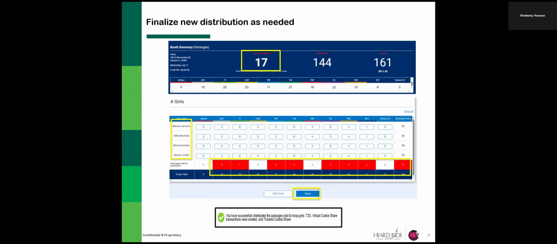The transaction will have just been deleted. It won't exist anymore. And then these girls who we've edited and given them different numbers of cookies, it will have deleted that first Troop to Girl transfer and replace it with this new one. So they're not going to get double the number of cookies. They get the right number.